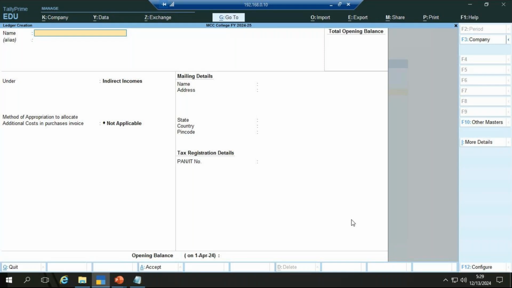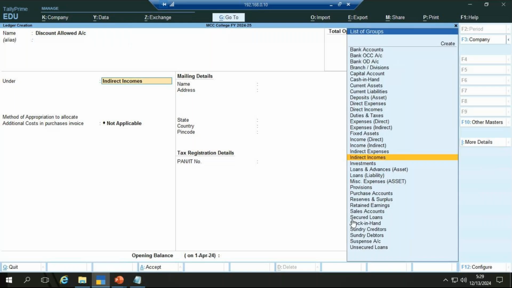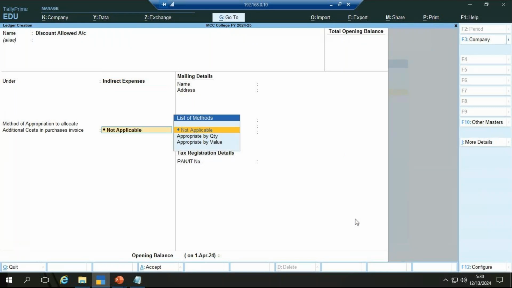Then discount allowed. So the name of the ledger is discount allowed. Enter. It comes under indirect expenses. Discount allowed comes under indirect expenses.